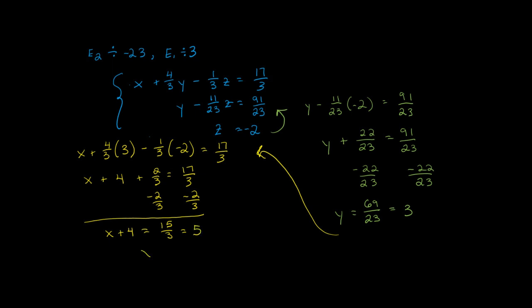So I really have x plus 4 equals 5. So then you can subtract 4 from both sides. Get x is equal to 1. Now that we found x, now we have our answers. We have to put them in alphabetical order. So we've got x first, which is 1, y next, which is 3, and then z, which is -2.